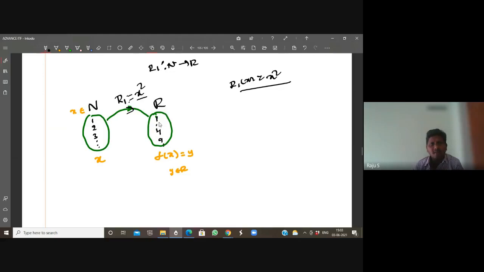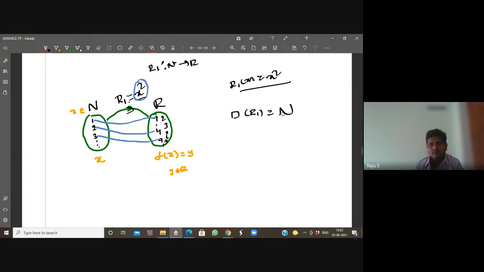Real numbers are 1, 2, 3, 4, 5, 6, 7 like that, all are real numbers, but according to this defined function, 1 is mapping to 1 alone, 2 is mapping to 4, 3 is mapping to 9, 4 is mapping to 16, and so on. Can you tell me what is the domain of R1?